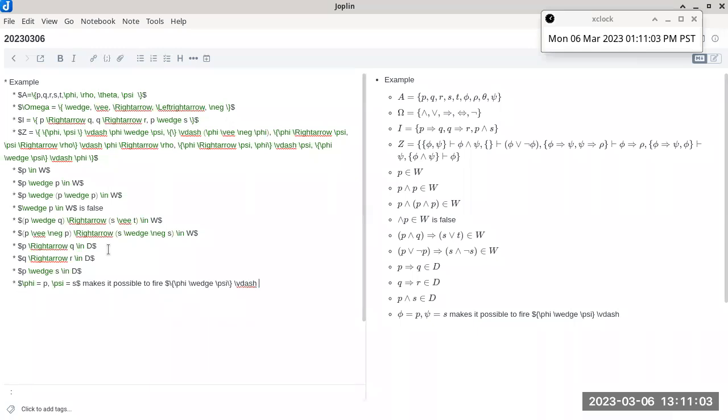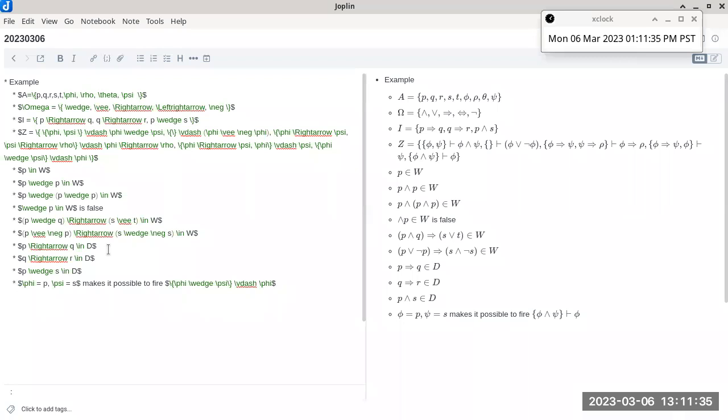In this case, it is the phi. So am I doing okay so far? Looking at P as a well-formed formula, I make the placeholder phi the same as P, and the placeholder psi the same as S. Now I can fire this rule because P and S is in D already. It is actually in iota itself. Are we good?